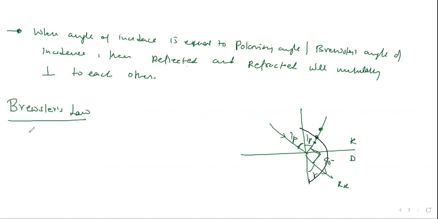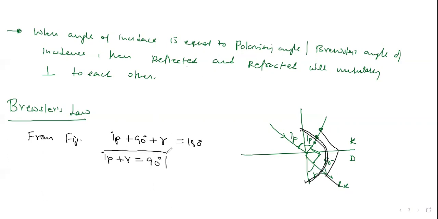From the figure, angle IP, the polarizing angle, plus 90 degrees plus your refracting angle is equal to 180 degrees, right? Watch carefully, because the angle between the reflected and refracted ray is 90 degrees under this condition. So IP plus R should be equal to 90 degrees. The sum of the angle of incidence, called the polarizing angle, plus the angle of refraction should be 90 degrees.